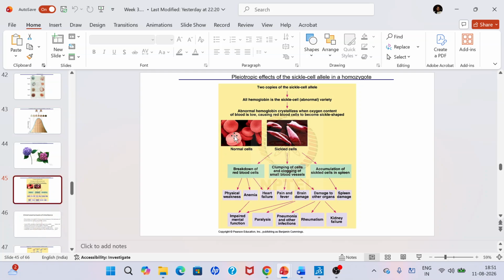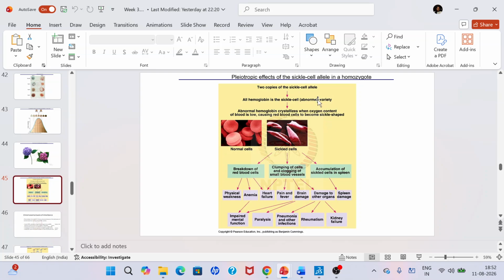Here a change in a single allele or single gene can affect many proteins and the expression of many other genes. It can lead to the breakdown of red blood cells, clumping of the cells and clogging of small blood vessels, and accumulation of sickle cells in the spleen, which can lead to physical weakness, anemia, heart failure, brain hemorrhage, spleen damage, and many other serious diseases.